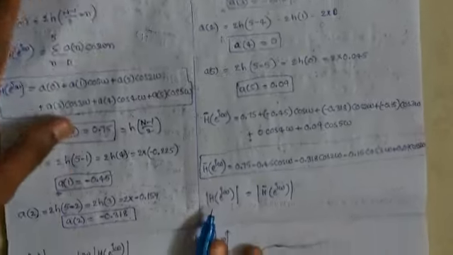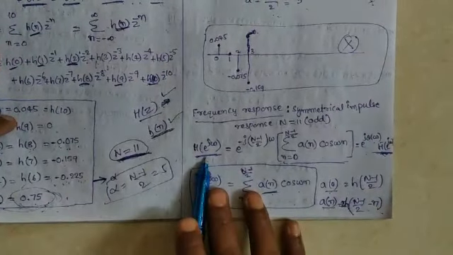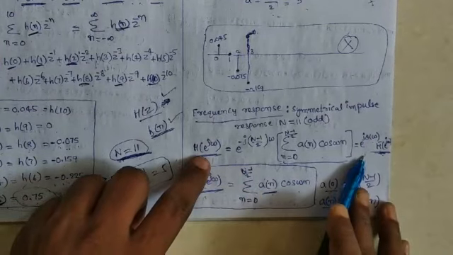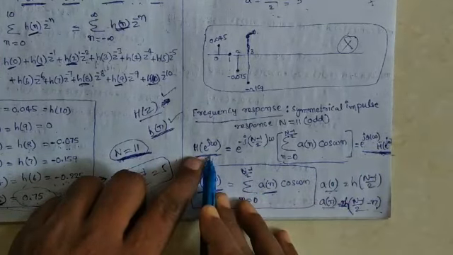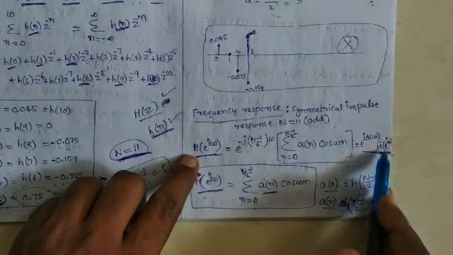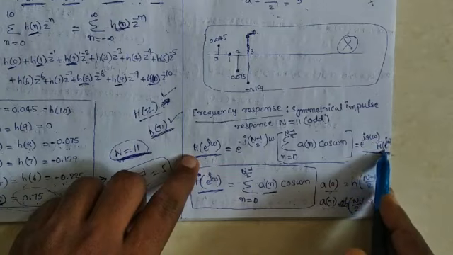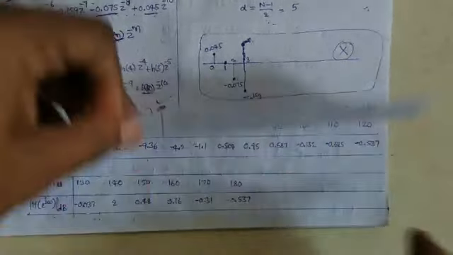What is this, h of e power j omega? We are representing h of e power j omega like this. What is the magnitude of h of e power j omega? It is equal to the magnitude of h bar of e power j omega.